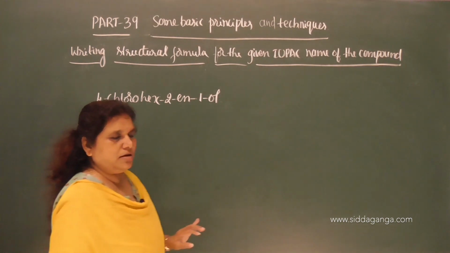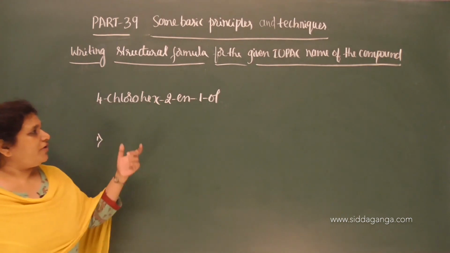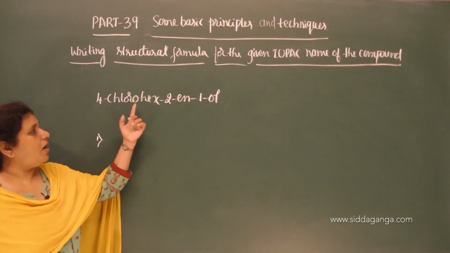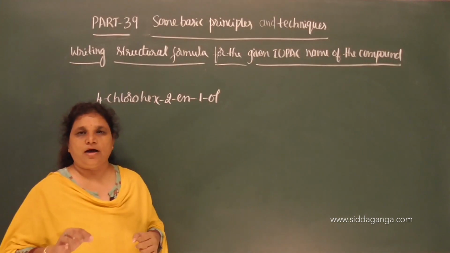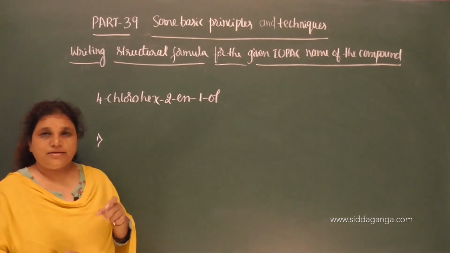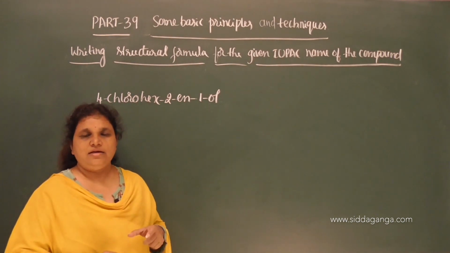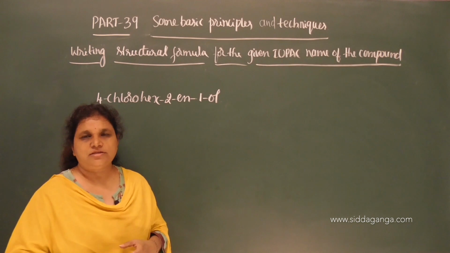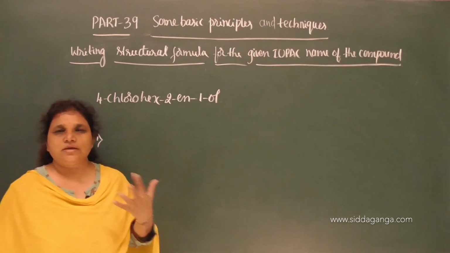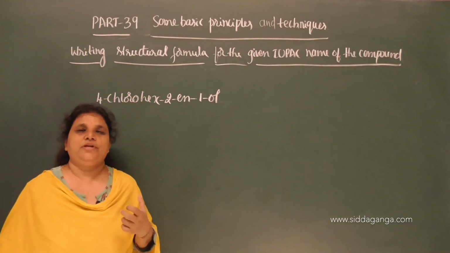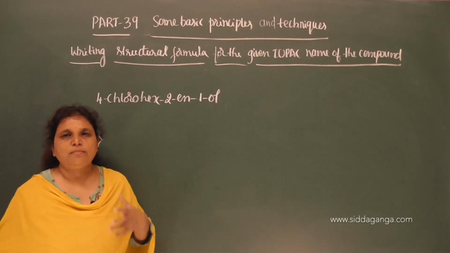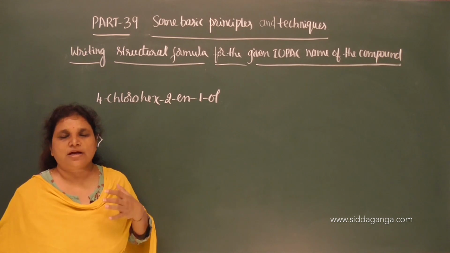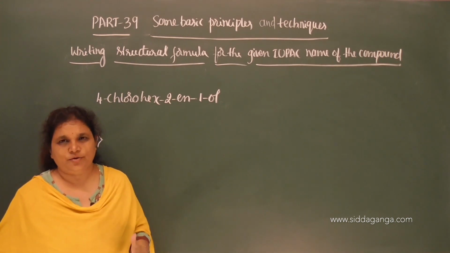First step is, in a given IUPAC name, on the basis of the root word, first you have to write the carbon skeleton, and that carbon skeleton is the selected parent carbon chain. As you know, once the organic compound is given, first we need to select the parent carbon chain which contains the maximum number of carbon atoms, multiple bonds and the functional group.